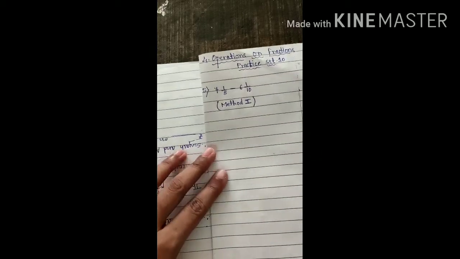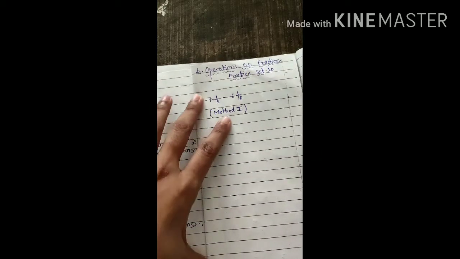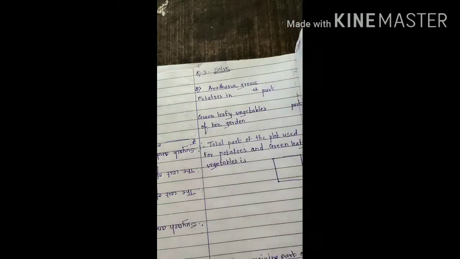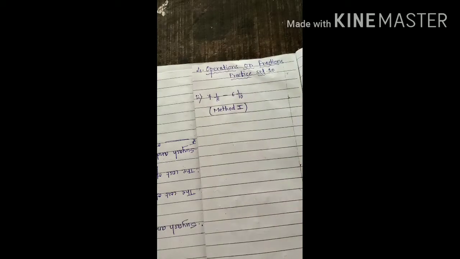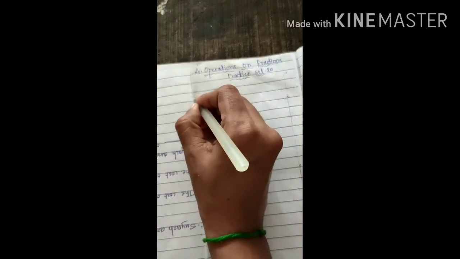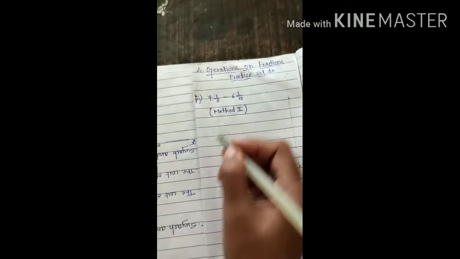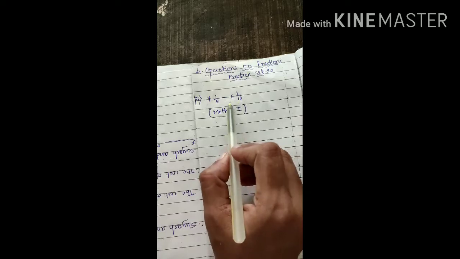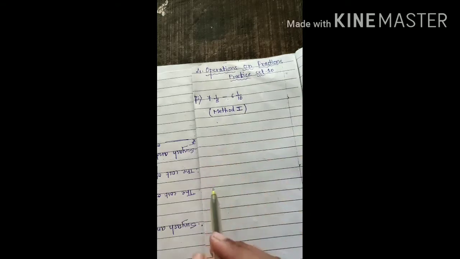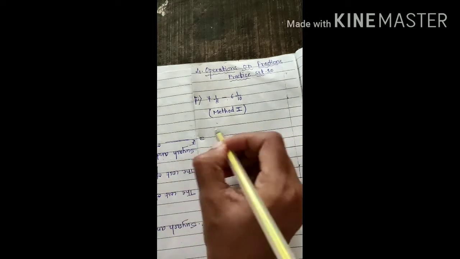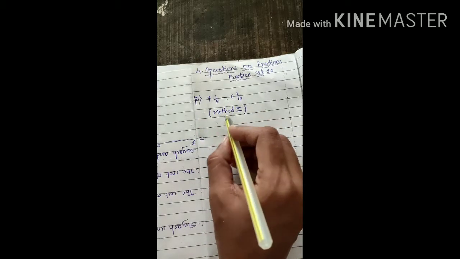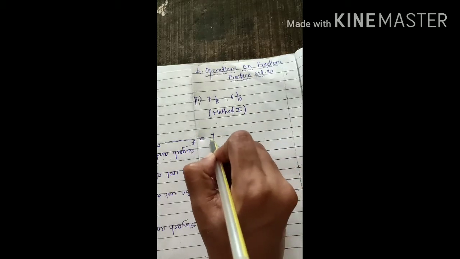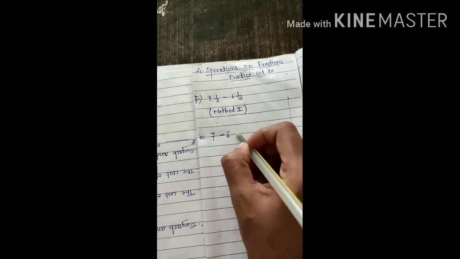Now subtract this third one. 7 1 upon 8 minus 6 1 upon 10. First you subtract this integer number 7 minus 6.